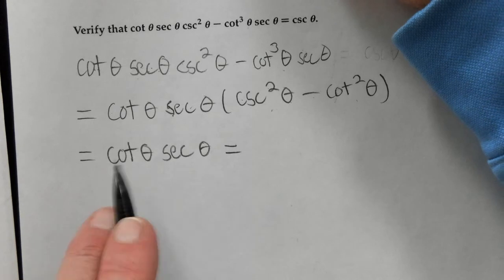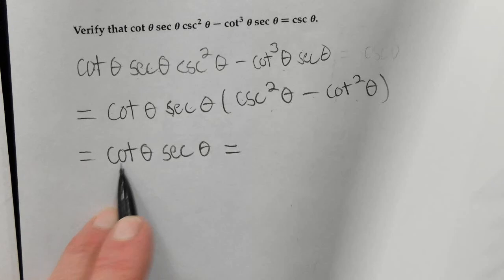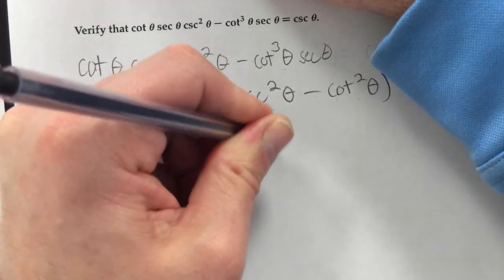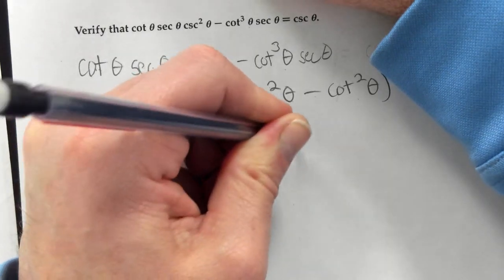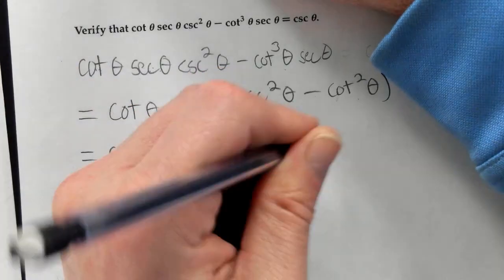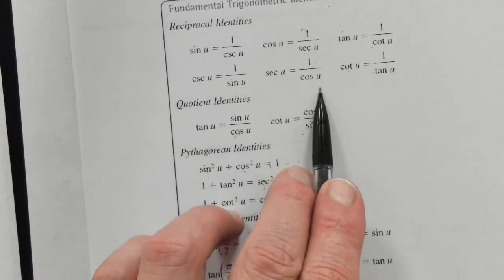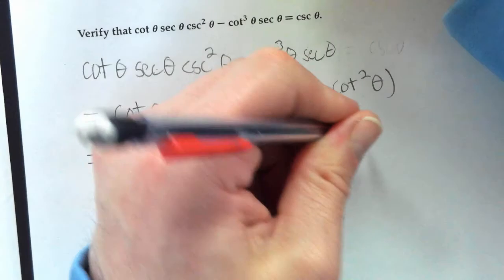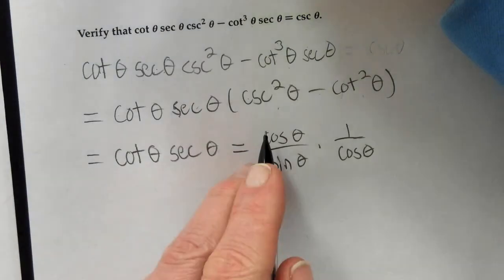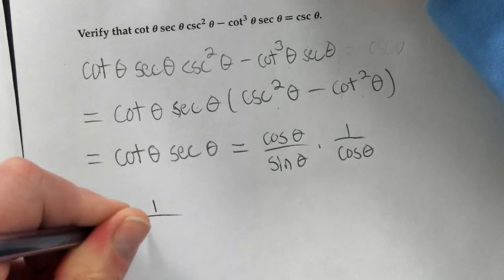These two things can be turned into something now. Look at this. Cotangent is equal to cosine over sine, and secant is equal to 1 over cosine, which works out good because now the cosines can cancel out and leave me with 1 over sine.